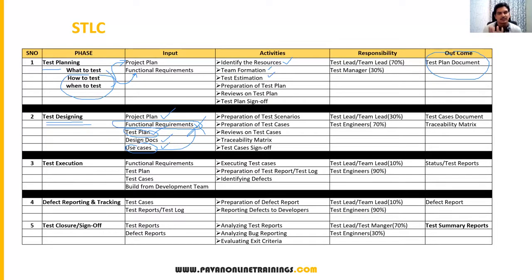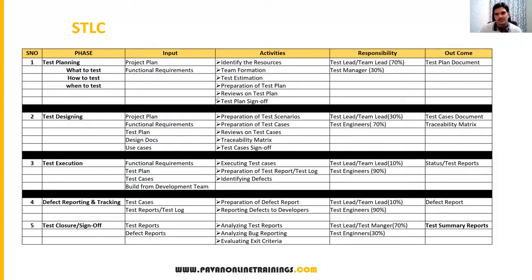A use case is nothing but the smallest requirement, which describes the requirement. By taking help of use cases, we can clearly understand the functionality of the application. So that is a part of the functional requirement. So these are the different documents or inputs we have to take during the test designing phase.